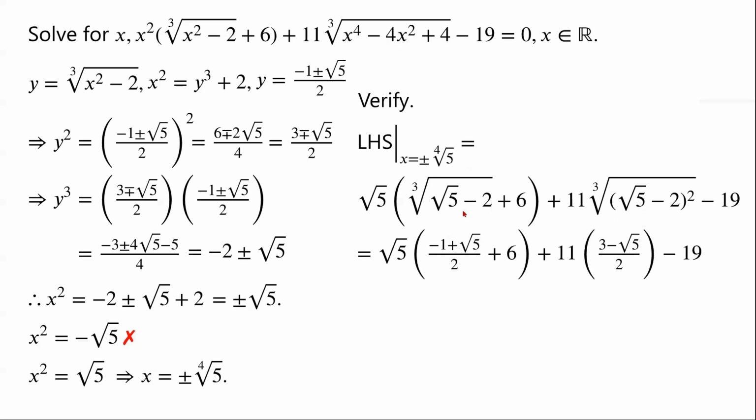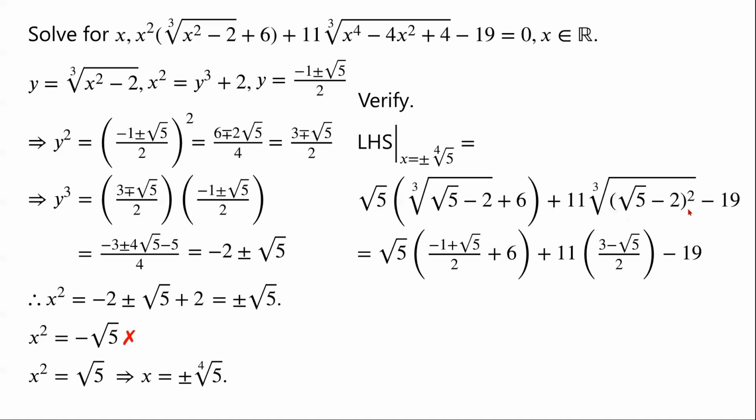Root 5 minus 2 is equal to y cubed. So, the cube root of y cubed is y. We know that y equals negative 1 plus or minus root 5, over 2. From here, y equals negative 1 minus root 5, over 2 is discarded. So, y equals negative 1 plus root 5, over 2.